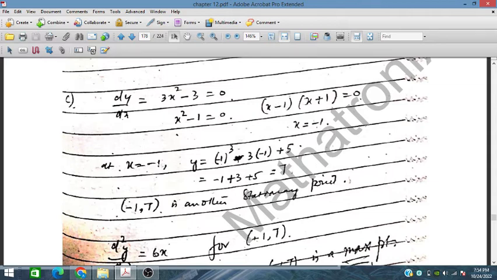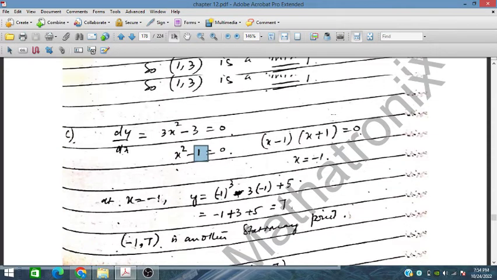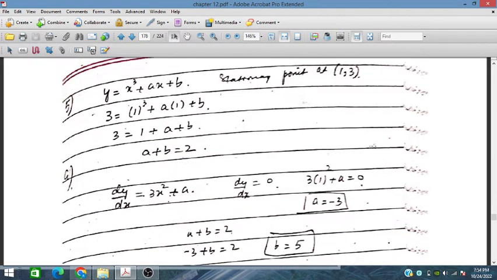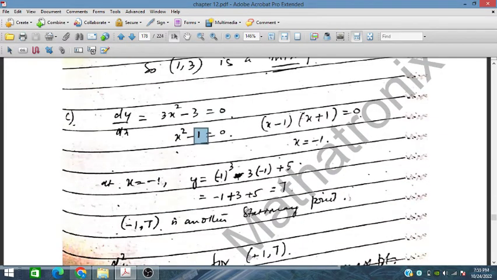This is (x minus 1)(x plus 1), because a squared minus b squared is (a minus b)(a plus b). So x equal to 1 is already calculated, and the other is x equal to minus 1. So at x equal to minus 1, y is equal to 7.